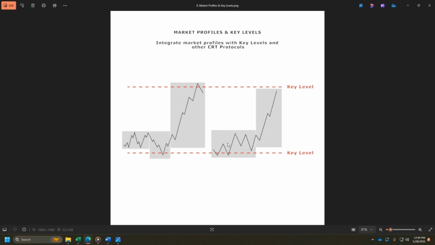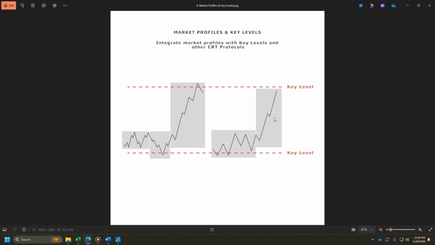In this scenario, we have a range that's testing a key level, and then we have an expansion. During our chapter on advanced market profiles and market profiling, we'll go over when you can expect the different scenarios to play out.